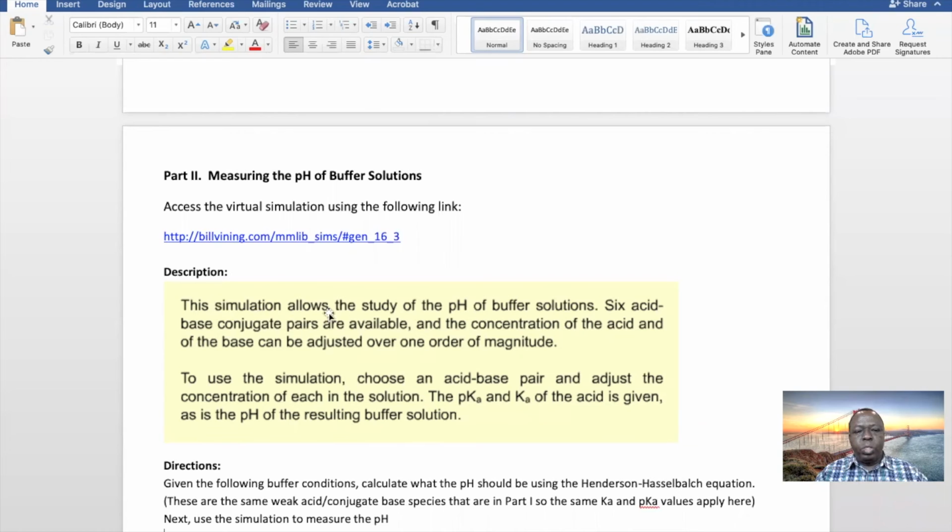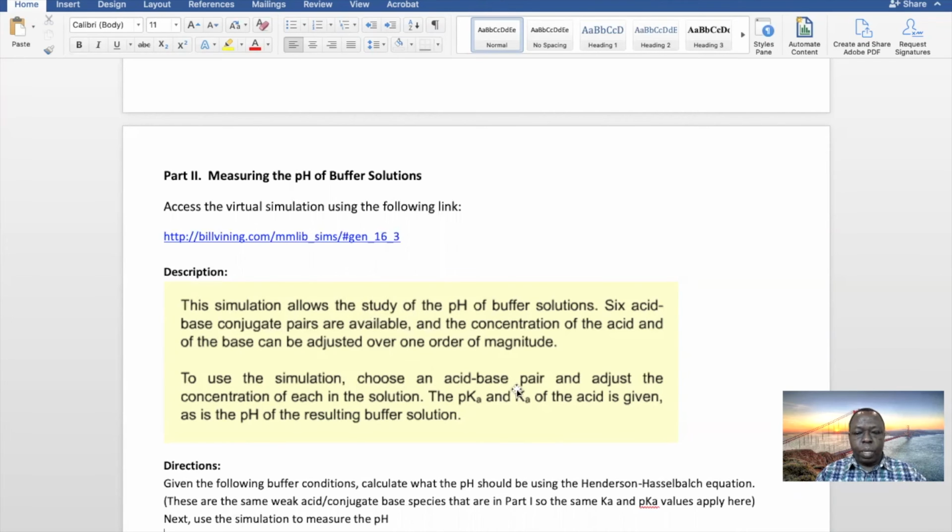The simulation will show the pH. So in this case, you will see the pH of the PAVA solution. There are 6 acid-base pairs, and the concentration of the acid and base can be adjusted. Use this simulation. You'll have to take a picture and upload or paste it in your document.